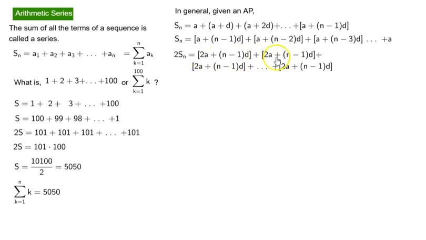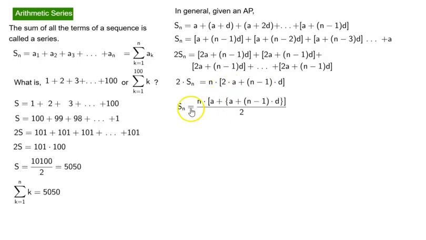So you notice all these terms are the same, just like we had 101 here. So now 2 times S sub n is equal to, this term appears how many times? n times. So n times 2a plus n minus 1 d. 2 we take to the other side. We get S sub n is equal to n times a plus n minus 1 times d divided by 2.